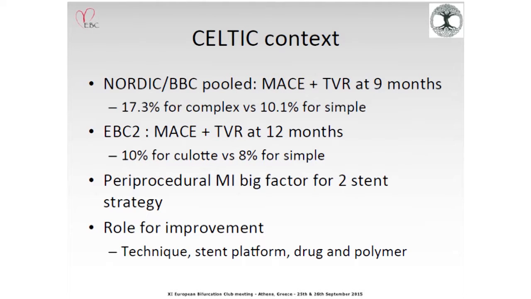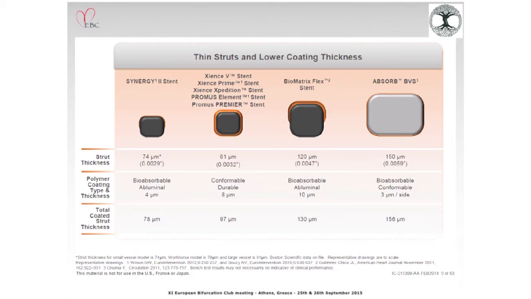So I suppose the question is, is there still a role for further improvement? And we certainly can see potentially improved technique, better application of final kiss, better sizing. So there is certainly the Onyx Frontier and the Synergy, which are being used in the Celtic bifurcation study, with a stepwise improvement in terms of stent strut thickness, and Synergy has the bioabsorbable polymer.